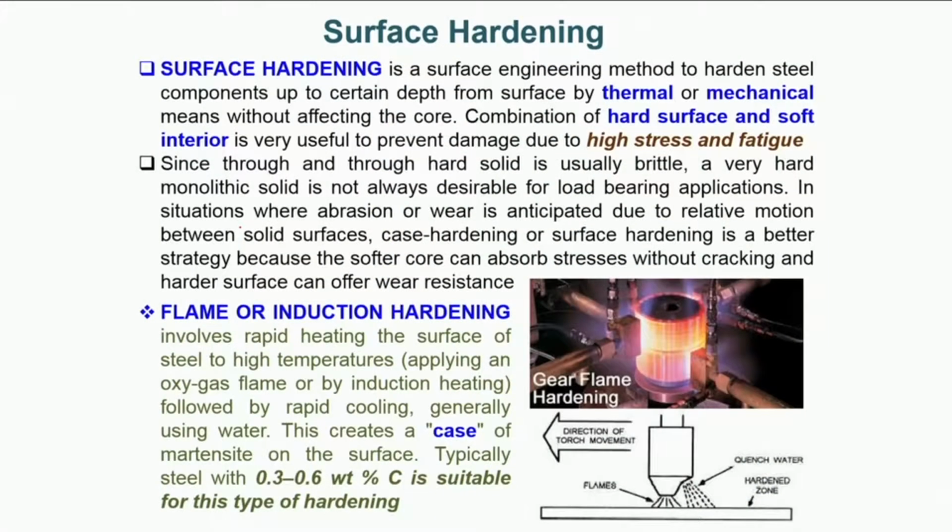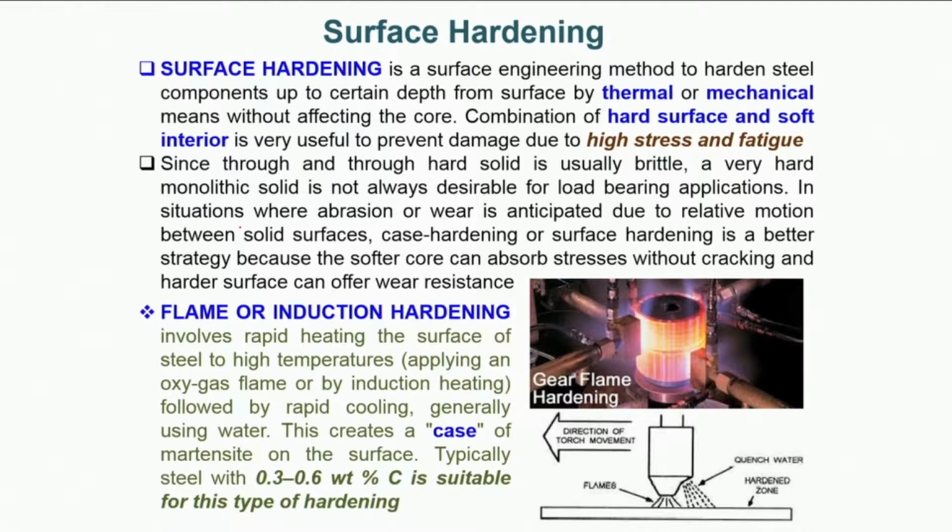Today we are going to discuss surface hardening, which is a thermally activated process with the same aim, that we want to harden the surface. When we talk of surface hardening in particular, all the discussions are concerned with steel, the interstitial solid solution of carbon in alpha iron.